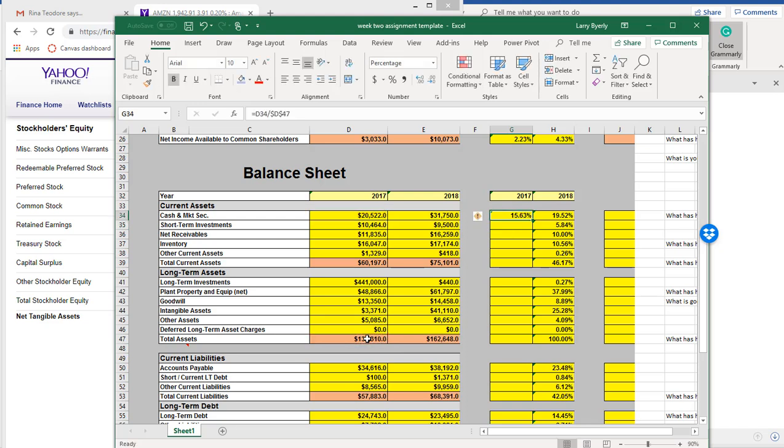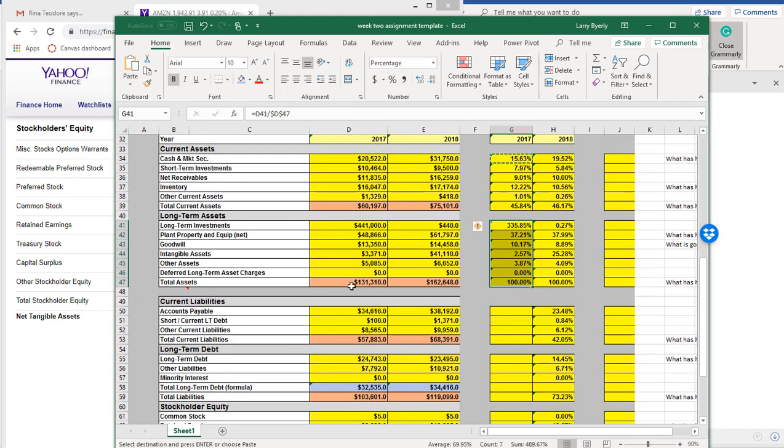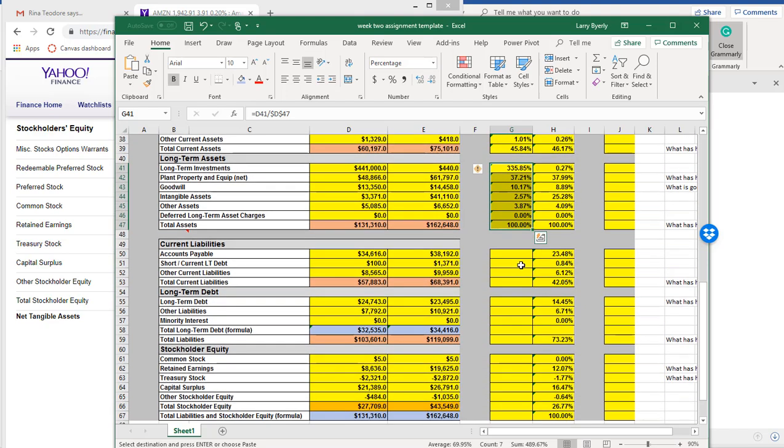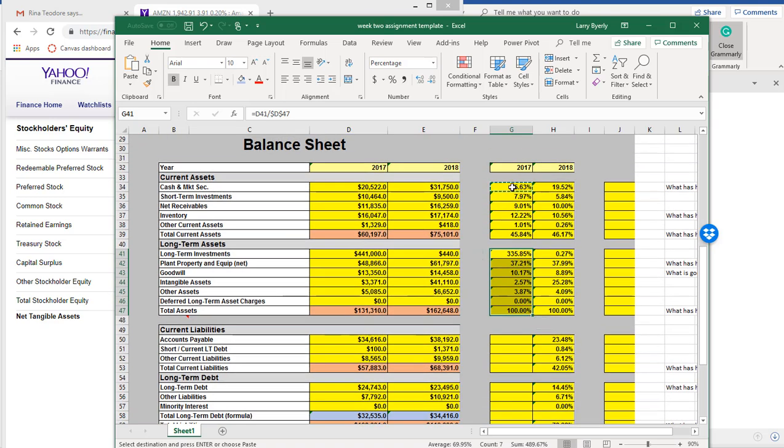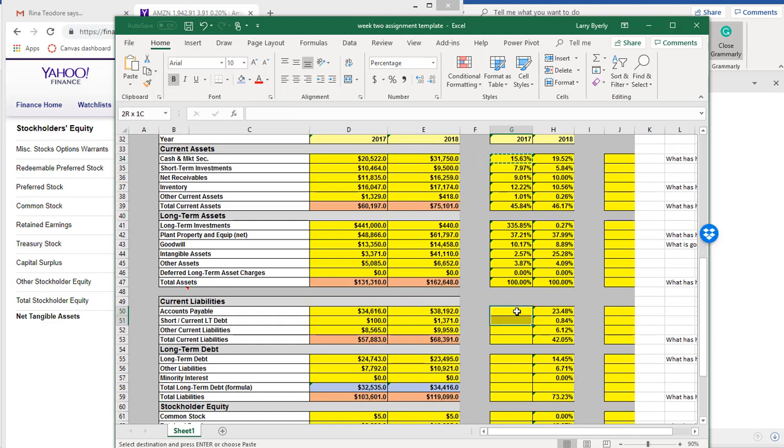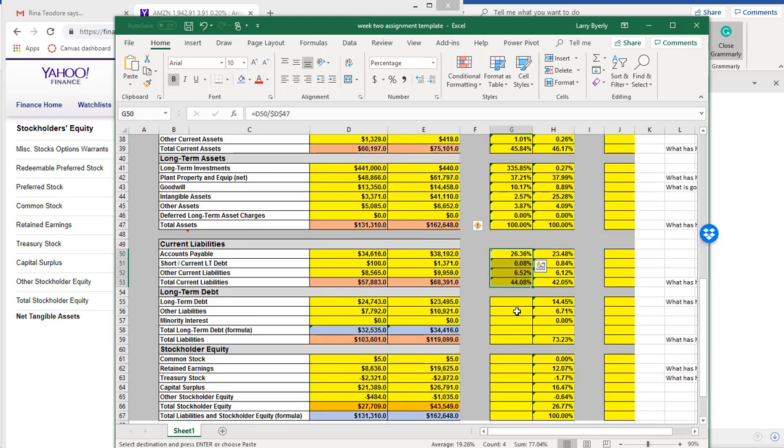So now we'll just copy, highlight, paste. Copy, highlight, paste. And you can see what? Assets divided by assets is 100%. Copy, paste.